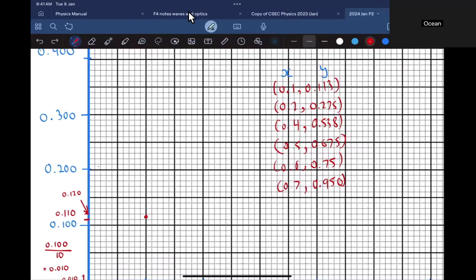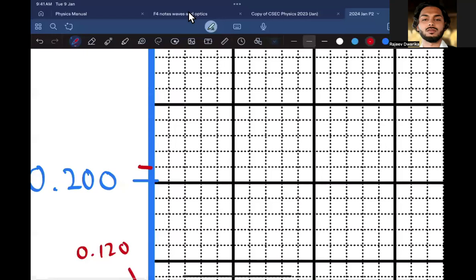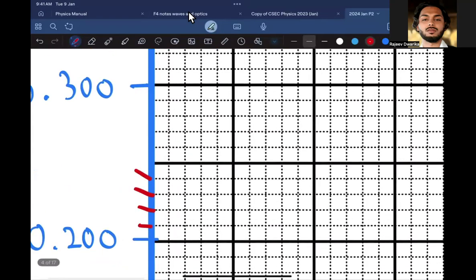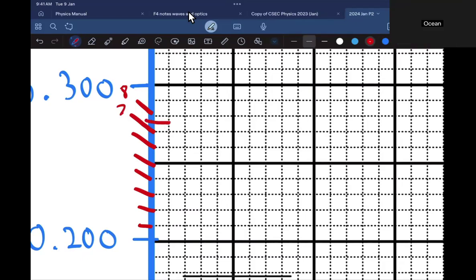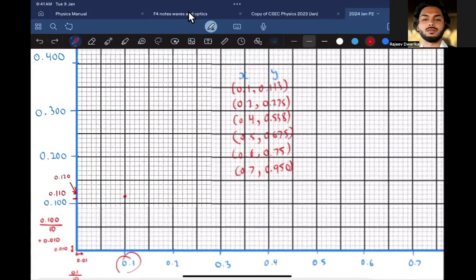That will be 7, correct? Because this could be 0.210, 0.22, 0.23, 0.24, 0.25, 0.26, 0.27, and this could be 0.28. And we want to get 0.275, so wouldn't that be between the 7 and the 8 mark? Yes.